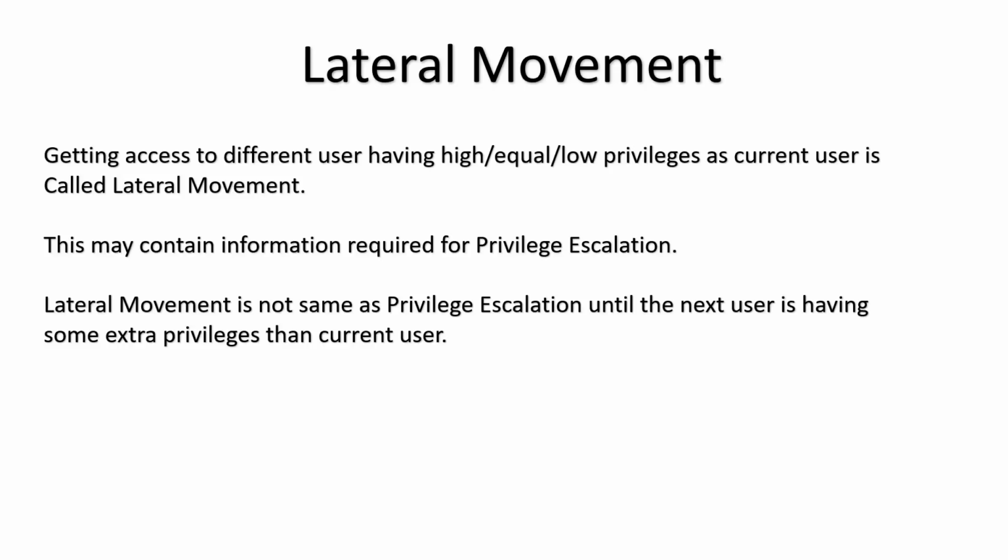However, if user 2 has some kind of extra privileges, for example permission to run a certain binary as root using sudo rights, and with that he can abuse the rights and move to the highest privilege user, in that case it would be called a privilege escalation. So this is basically my theory. For different people theories could be different, but this is what I think about lateral movement.